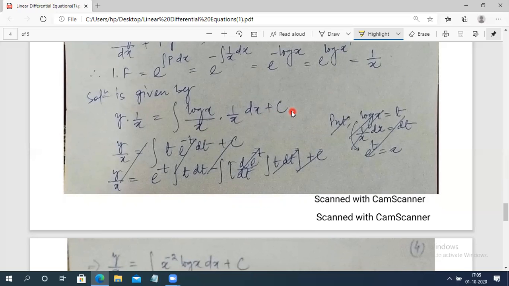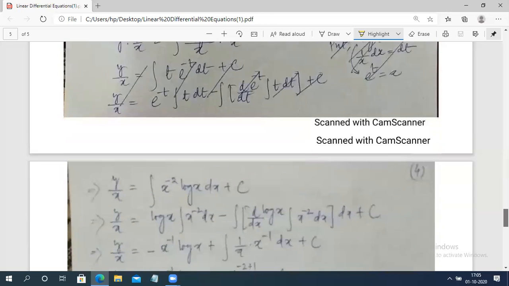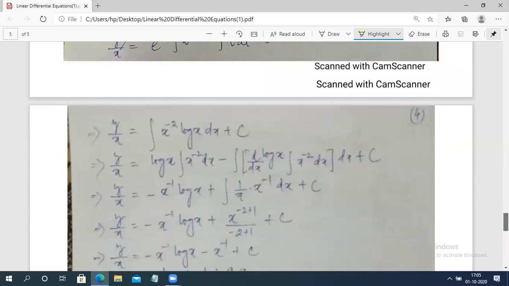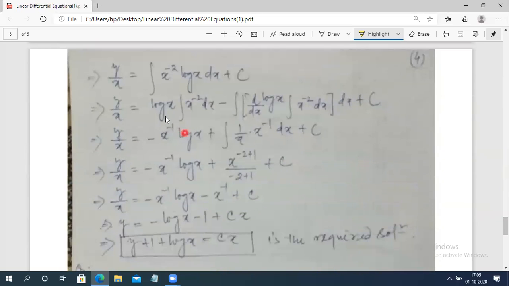Clear? Now you have to solve this integration only. On the left hand side there is no integration, so only once you have to integrate. So y by x is equal to, on the right hand side you can write it as x raised to the power minus 2 log x dx.